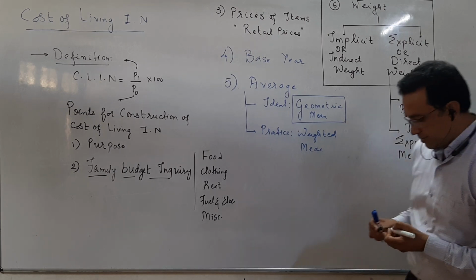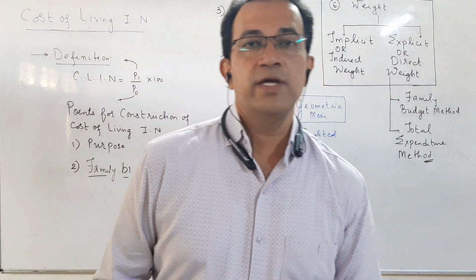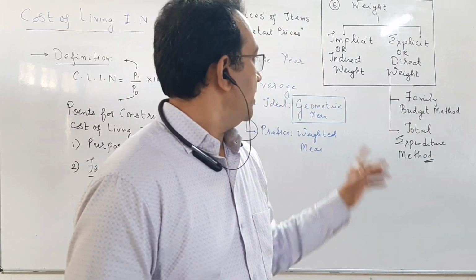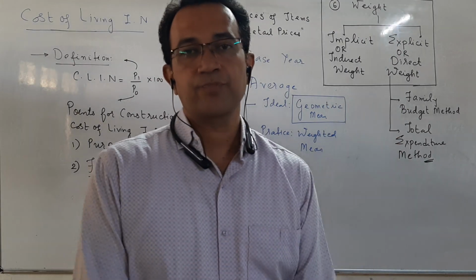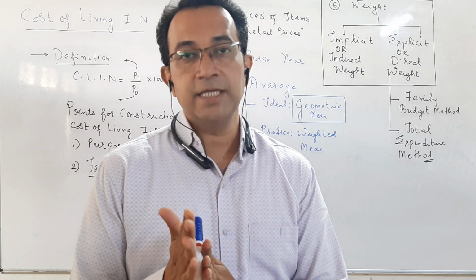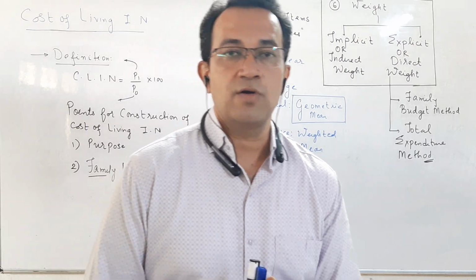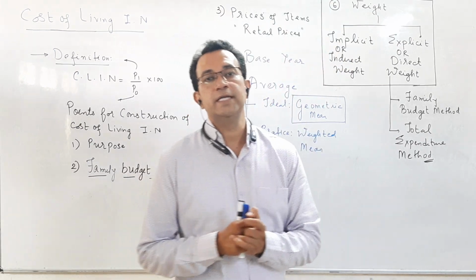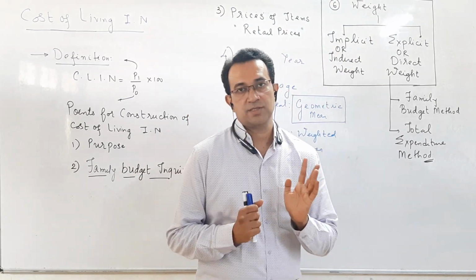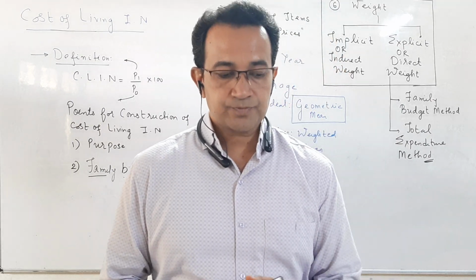So as far as our sums are considered, we are always concerned with these 2 methods only. So this much you should learn and write perfectly. Then students, we can do the sums of cost of living index numbers. I hope this is very, very clear.